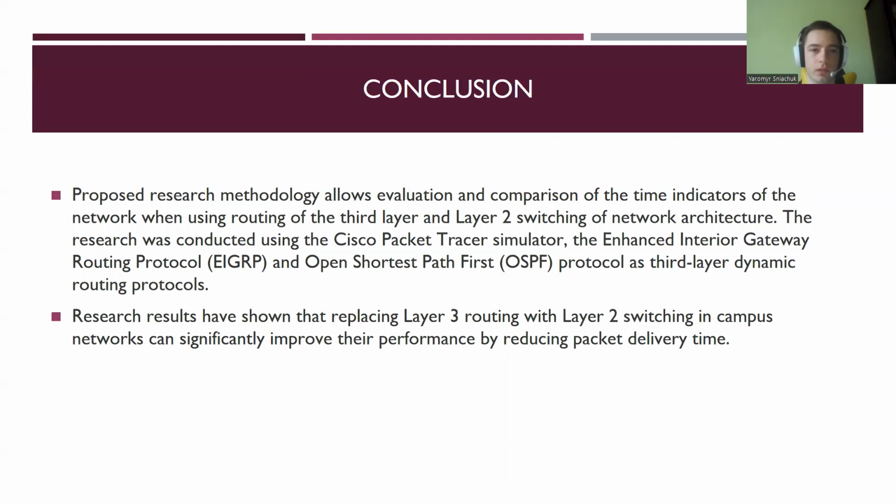The research was conducted using the Cisco Packet Tracer simulator, the Enhanced Interior Gateway Routing Protocol, and Open Shortest Path First protocol as third layer dynamic routing protocols. Research results have shown that replacing layer 3 routing with layer 2 switching in campus networks can significantly improve their performance by reducing packet delivery time.